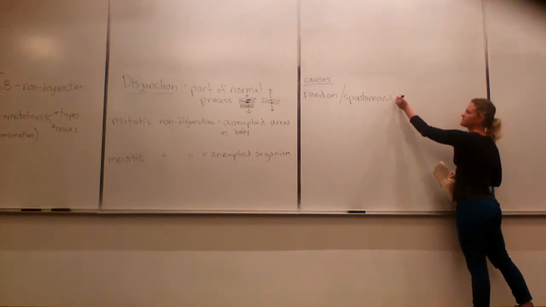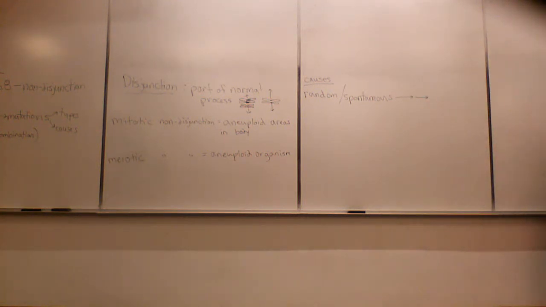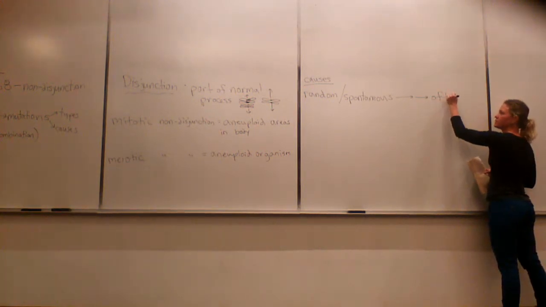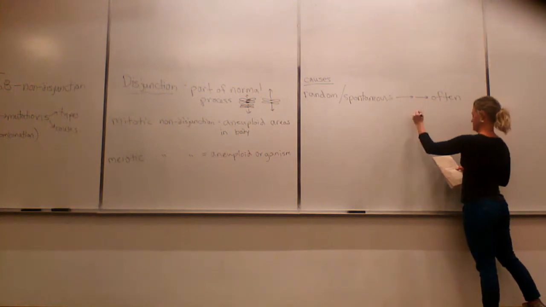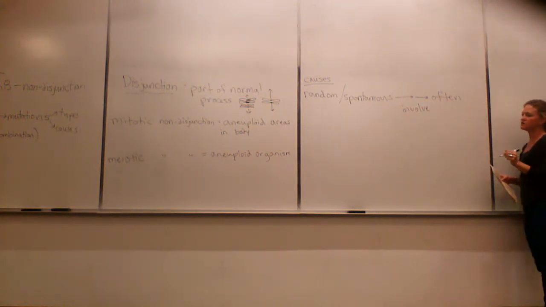But in terms of the molecular cause, non-disjunction is almost always due to disrupting the ability of microtubules to polymerize. So somehow you're interfering with the normal ability of those spindle fibers to grow out and attach to chromosomes.